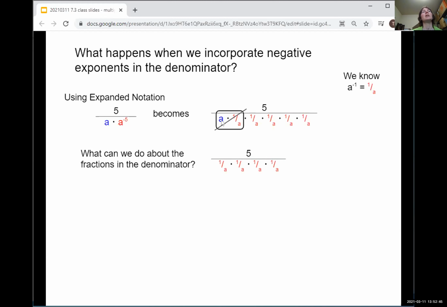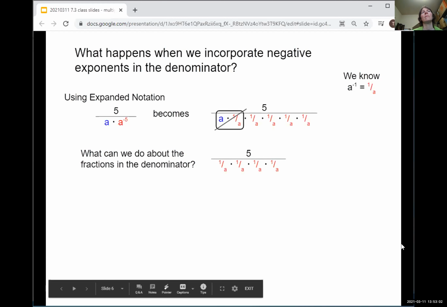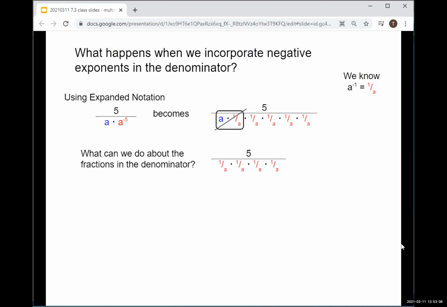Now, before we managed to make one go away by doing this, does anybody have an idea about how you could make those fractions go away in the bottom? Any ideas? So if we multiplied by a once and made one of them go away, what if we kept on multiplying by a until they all went away? Could that work?